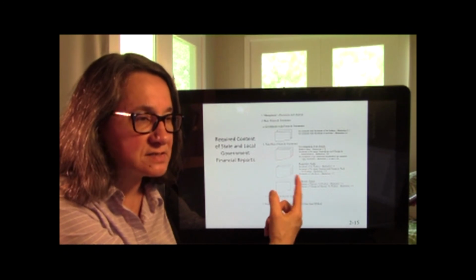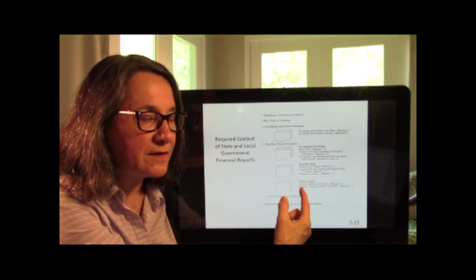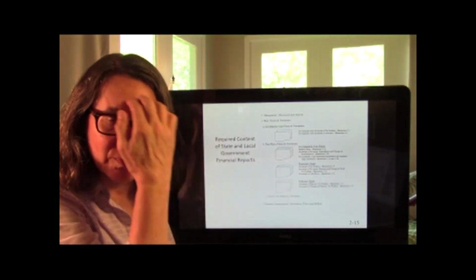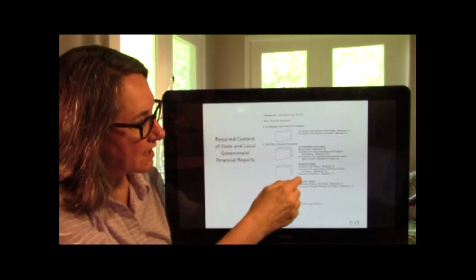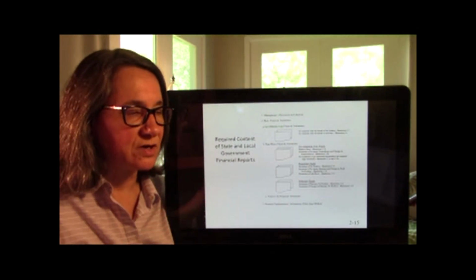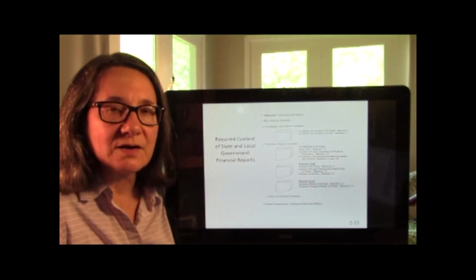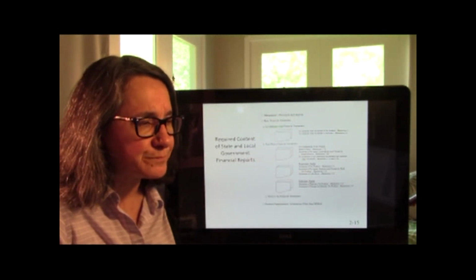You could find a statement of net position, a statement of revenues, and a statement of cash flows for those proprietary funds. The same can be said for governmental funds, just the general governmental stuff, and they get combined in the government-wide financial statements.